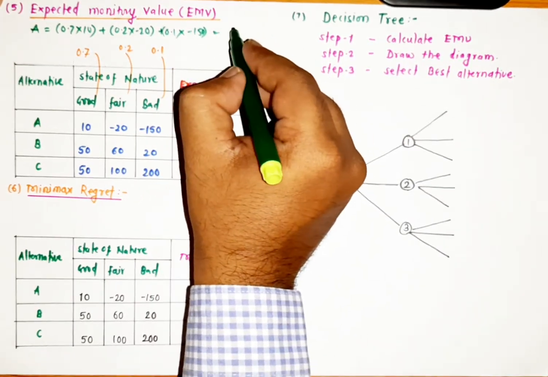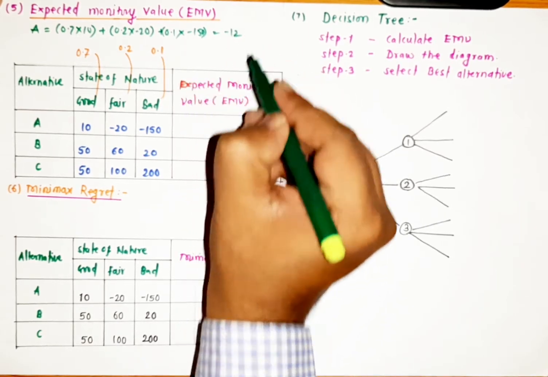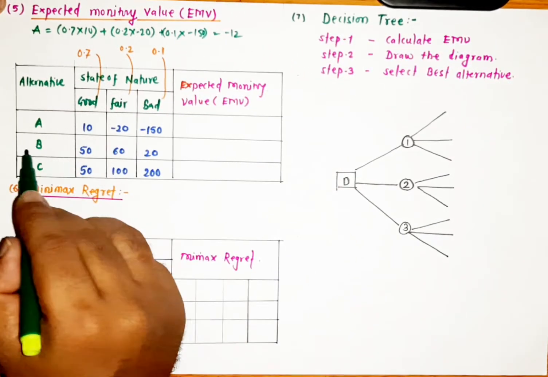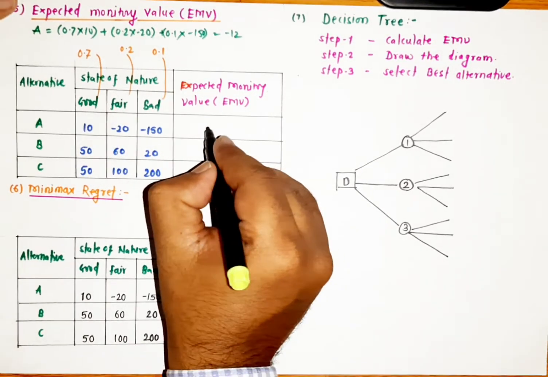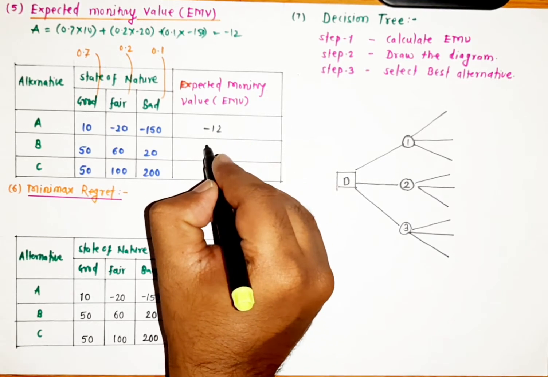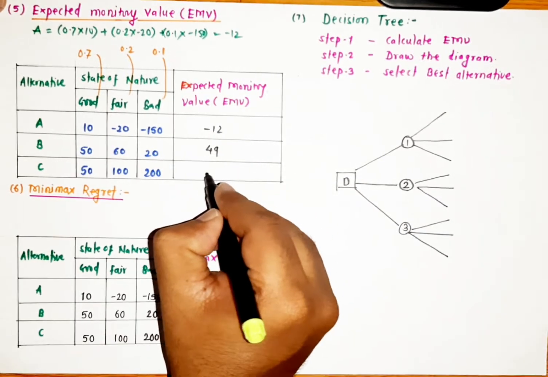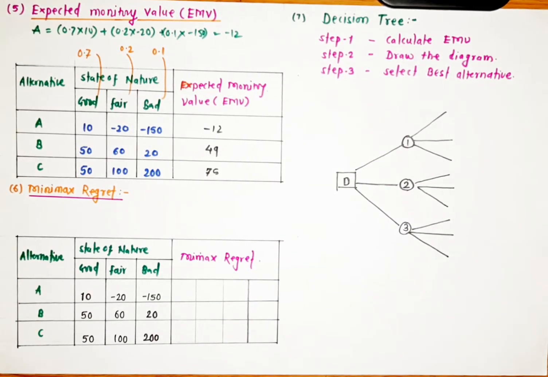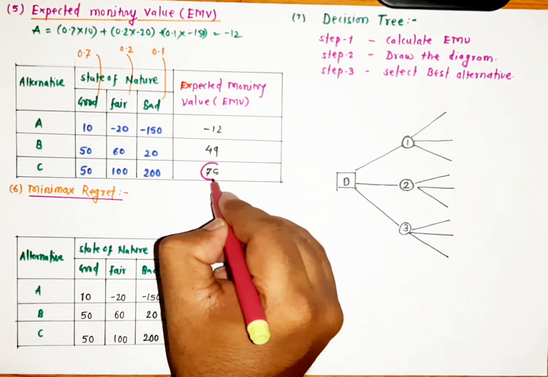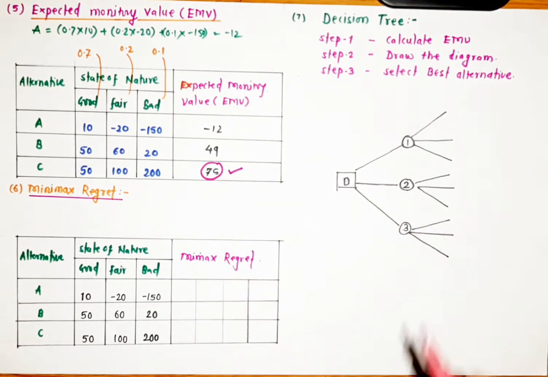So the answer is minus 12. We can do a similar pattern for the B and C alternatives. So we get the answers minus 12, 49 and 75, out of which we want to choose the maximum value. Here the maximum value is 75, that's why choose alternative C.